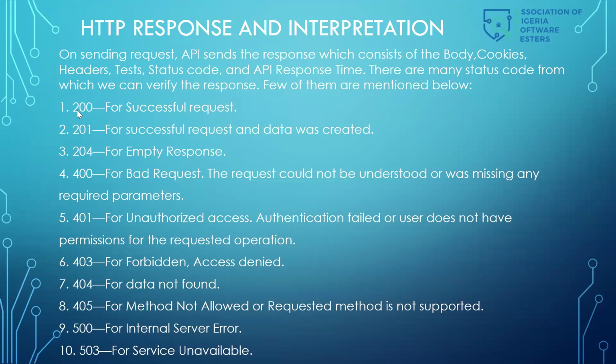This status code most times is what you use to know, is this thing okay? Is there something wrong? So you need to be able to interpret your status code. All these things that I wrote here, 200, 201, are called status codes. And your API response time also tells you your response time.